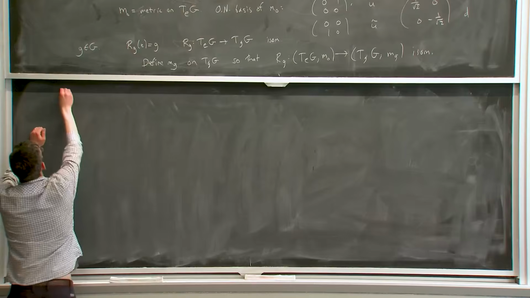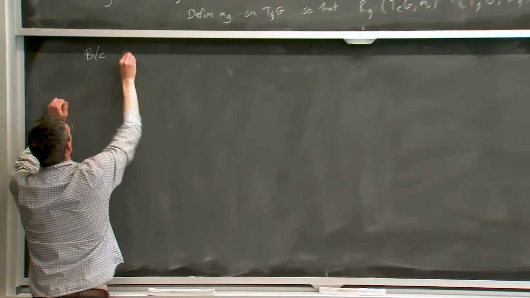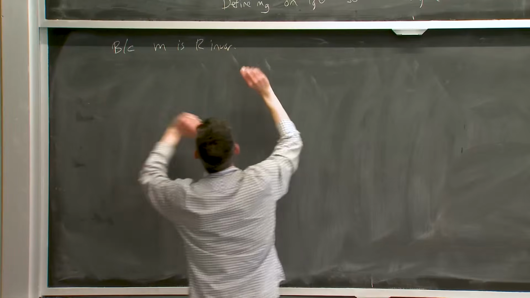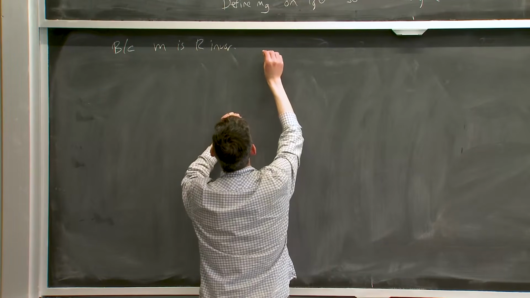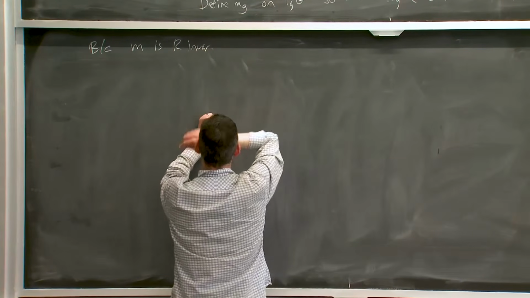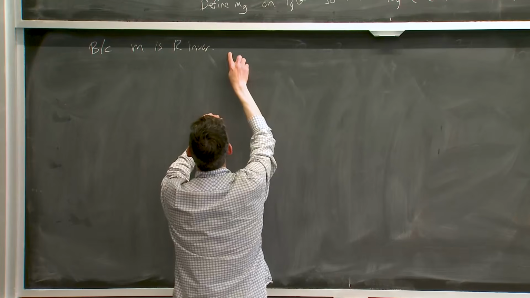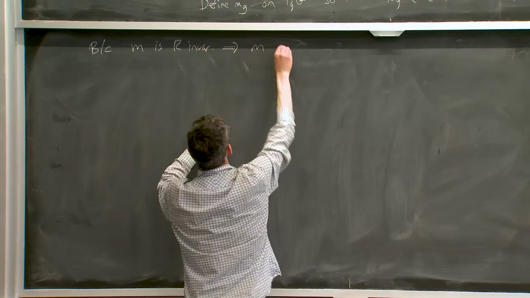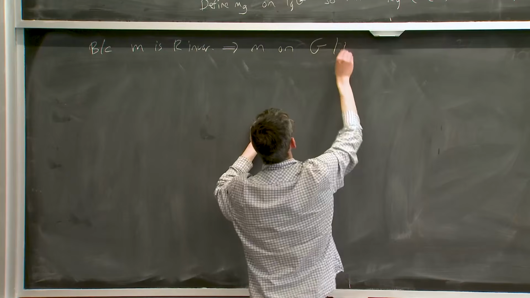All right. So now, because M is right invariant, it descends to a metric M on G mod gamma.